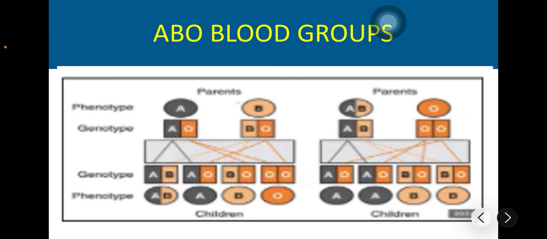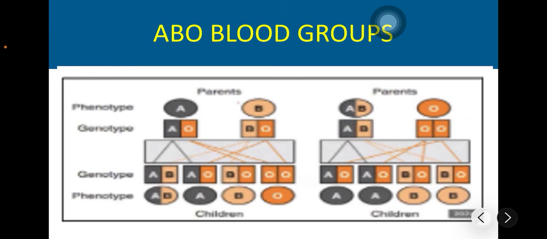The parents here are classified to have phenotypes A and B, but genotypically they are heterozygous, because parent A is AO and parent B is BO.